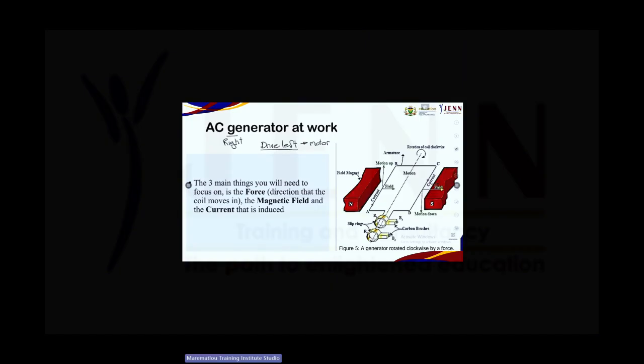So therefore, I remember generator works with my right hand, and the motor is going to work with my left-hand side. So the 3 main things you will need to focus on are the force, the magnetic field, as well as the current that is going to be induced.